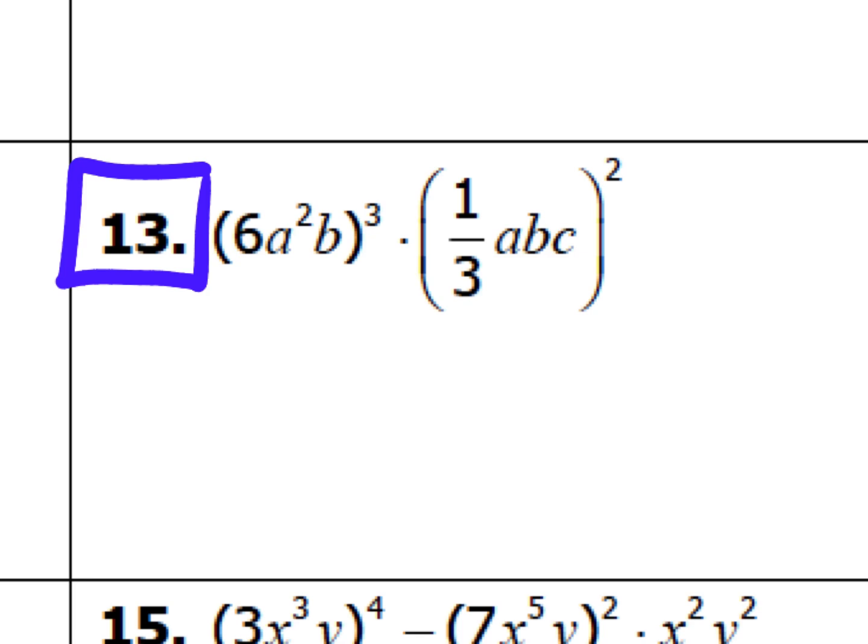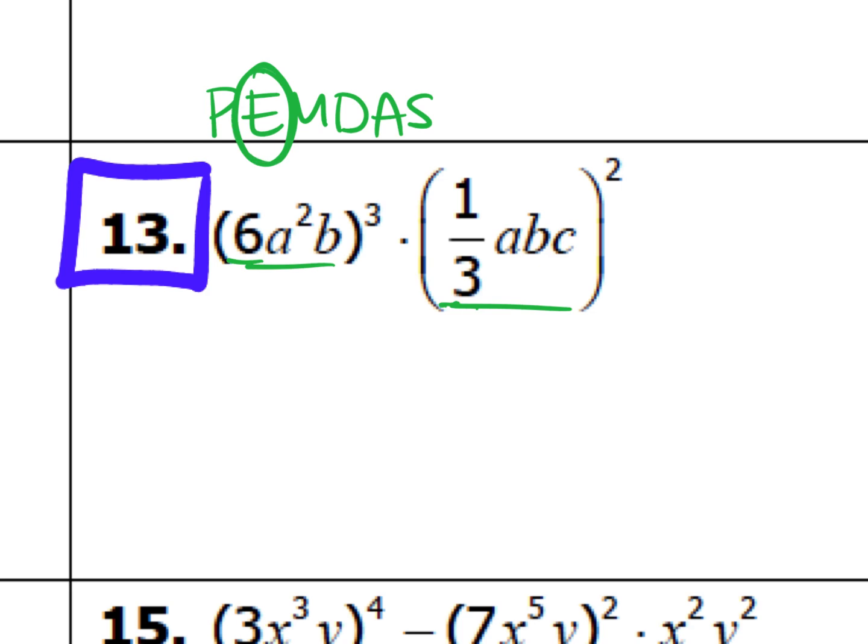I know you're used to going, oh, here's a 6 and here's a 1/3, let's multiply them. But what does PEMDAS say first? Parentheses, okay? Is there anything you can simplify inside these parentheses right now? No. What's next? What does E stand for? Your exponents.